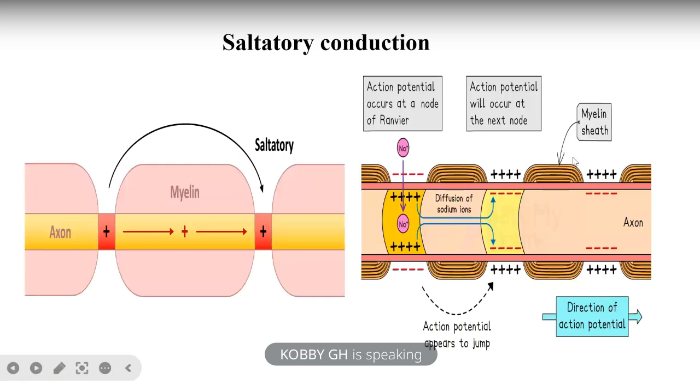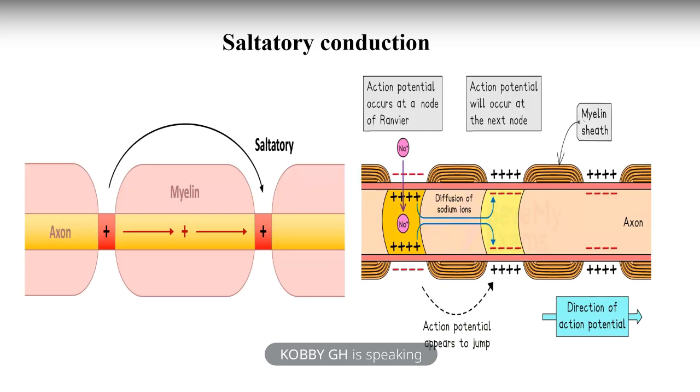So for neurons that have the myelin sheath, the membrane potential only takes place at the node of Ranvier. That kind of action potential, where the signal always has to jump the myelin sheath and the membrane potential takes place again at the node of Ranvier, then the impulse jumps the myelin sheath again, is what we call saltatory conduction.